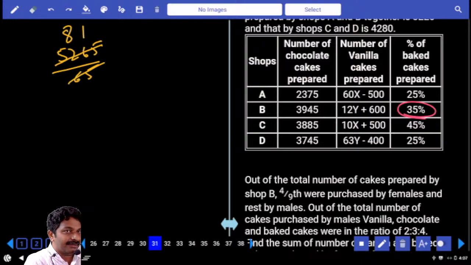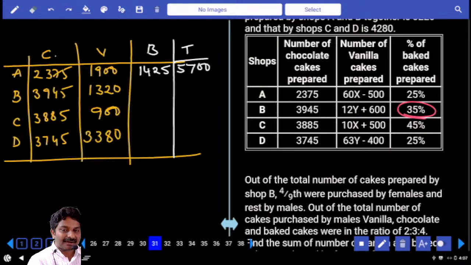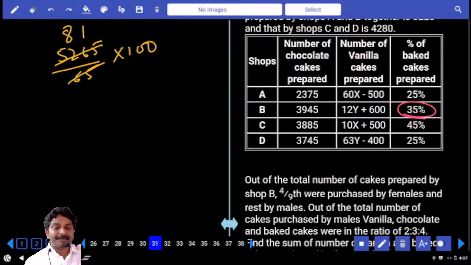Total value is 100%, which is 8100. Total is 8100.